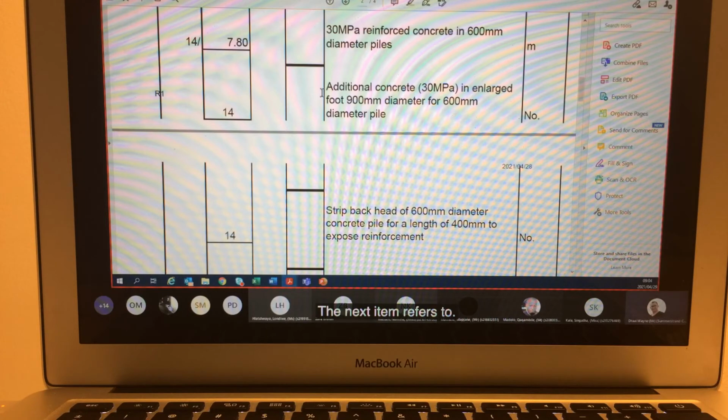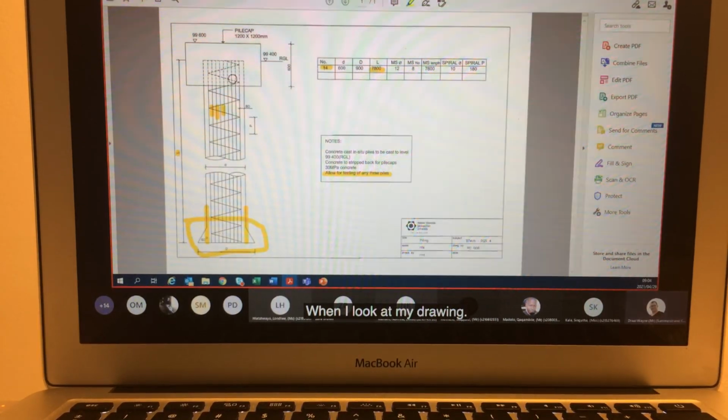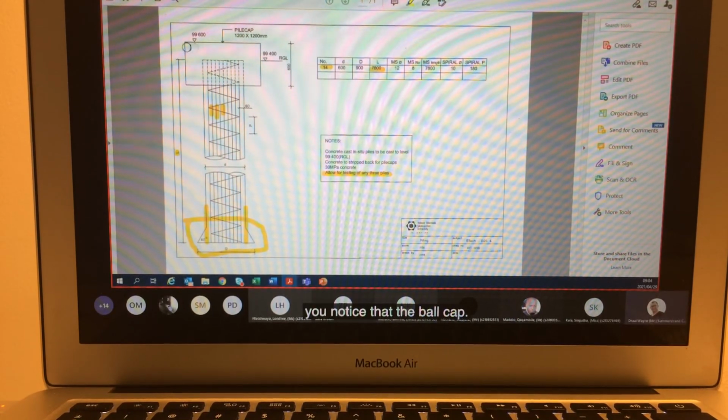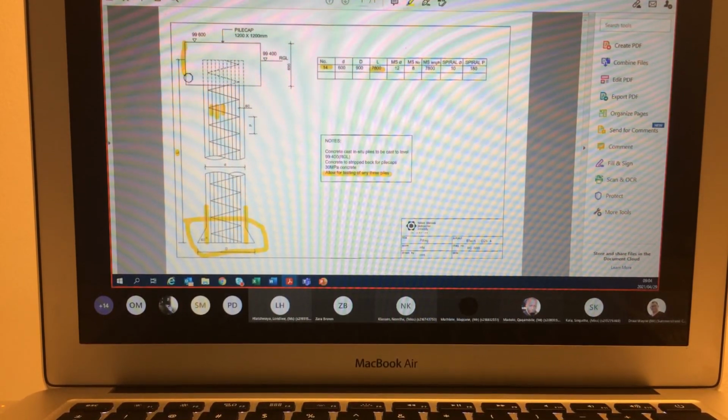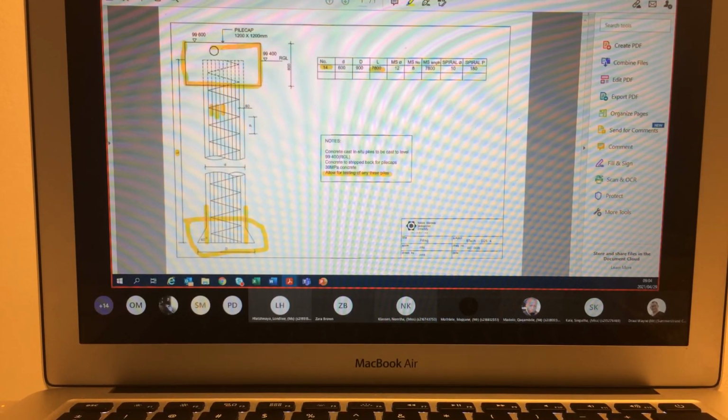The next item refers to the stripping back of the head of the pile. When I look at my drawing, you notice that the pile cap sits, and you see that the 600 is indicated over there.